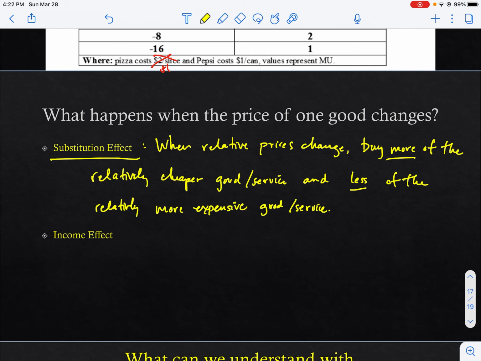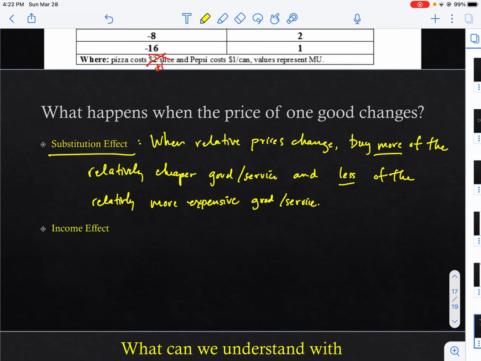So the substitution effect is fairly straightforward, and it says when the relative prices of something you buy change, you substitute away from something that's more expensive and towards something that is cheaper.